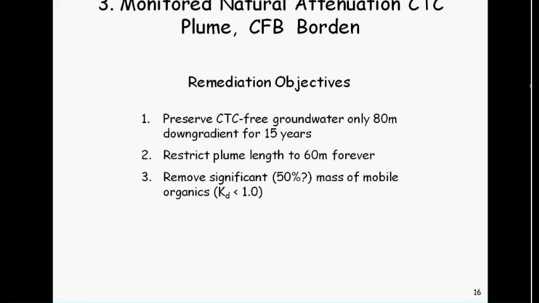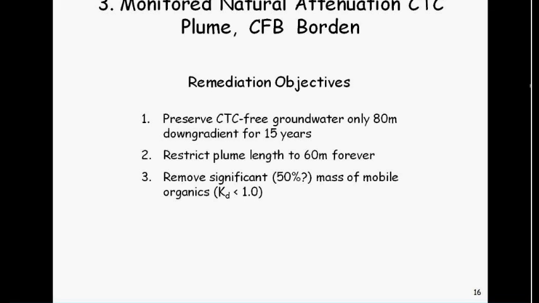Okay, so we weren't really considering remediation, but let's make up a remedial objective. Certainly, a real objective during the experiment was to preserve the groundwater down gradient from being contaminated. My colleagues wanted to use that groundwater for their experiment. We didn't want to have to clean it up. Well, as long as they couldn't detect any of those chemicals 80 or 100 meters down gradient, that was okay.